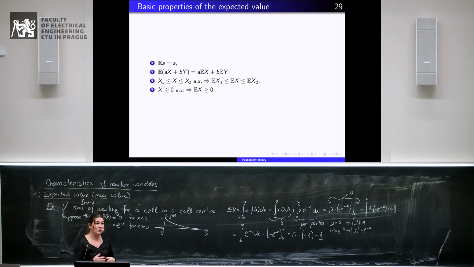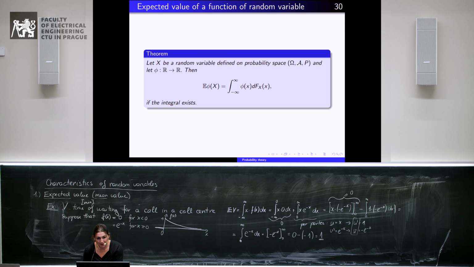So when you calculate the expected value of a random number which cannot be negative, be careful and be aware of the fact that its mean value, its average, cannot be negative as well. And the property 3 is very similar. When we have 2 random numbers and they are ordered, then also their expected values are ordered in the same way. That's all.